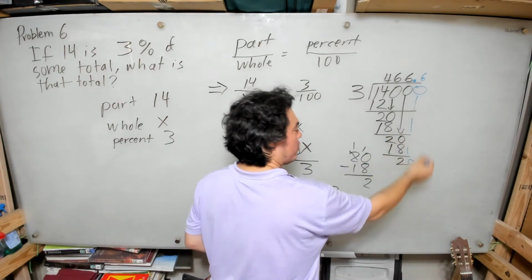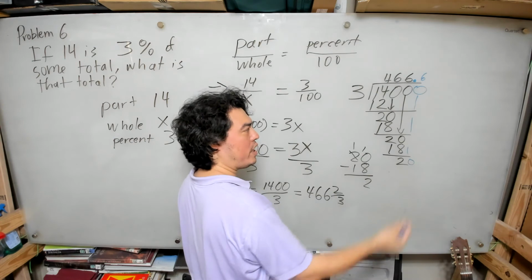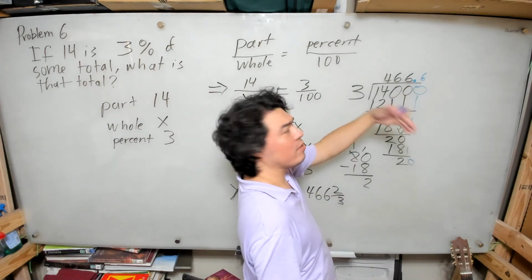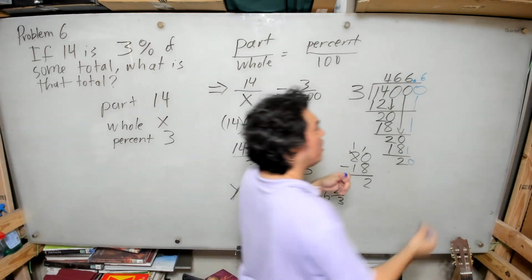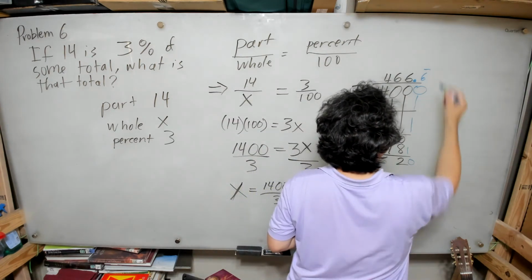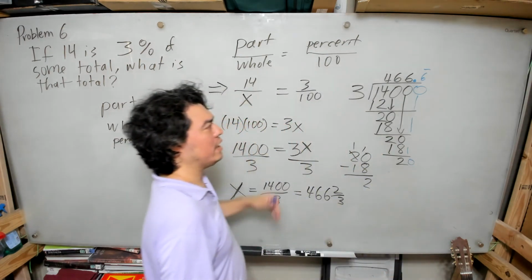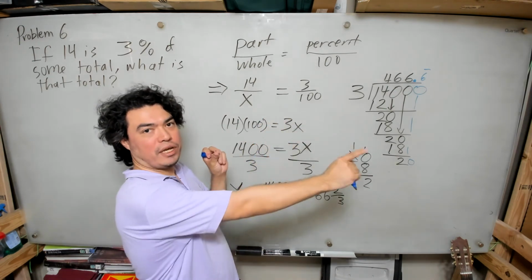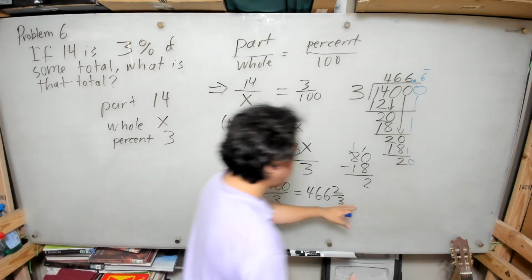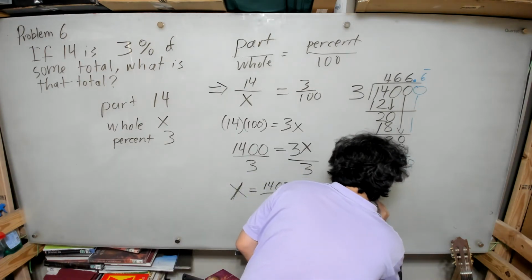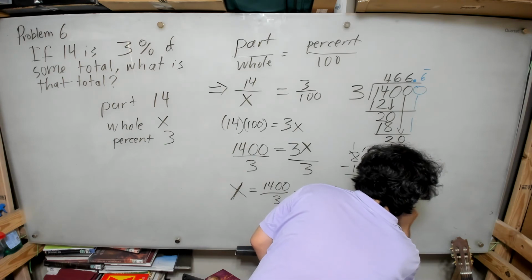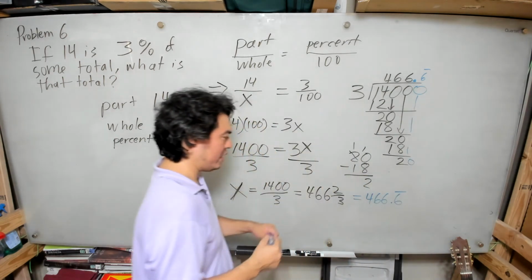I'm going to add another 0. I'll bring it down, it'll become 20 again, and this will continue forever. So this 6 is going to be repeated over and over again. And to represent that, I'm going to write this bar here. And that means that it's going to be 466 point, and then 6 repeating forever. And so I could also write this as 466.6 with the bar on top of the 6.